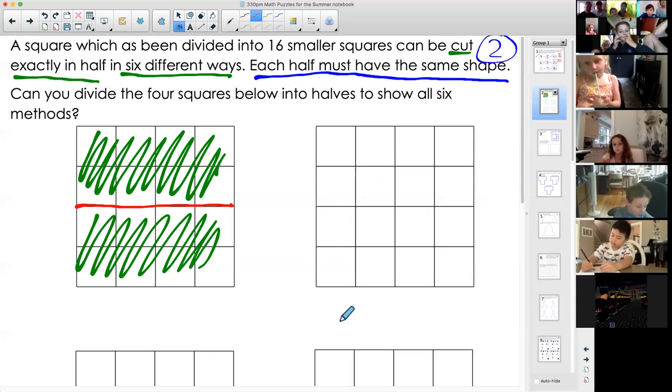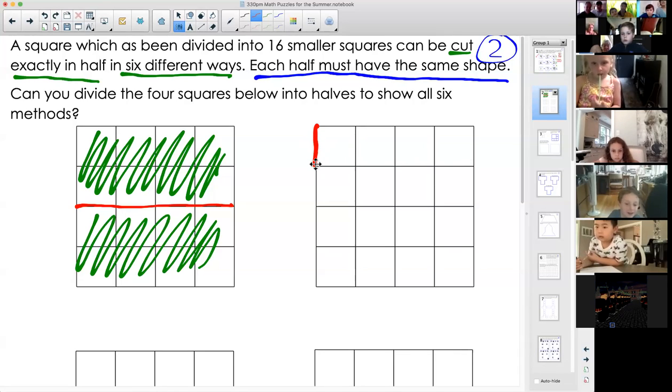We could go up 1 square in the corner. Like here? No, at the very edge. Here? Yeah. Okay. Go up 1. And go down 1 square. Go over to the side 2 squares.